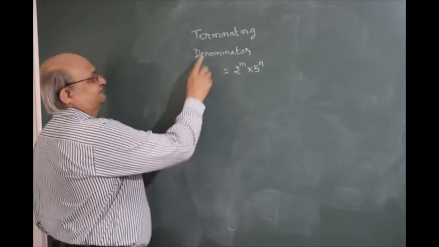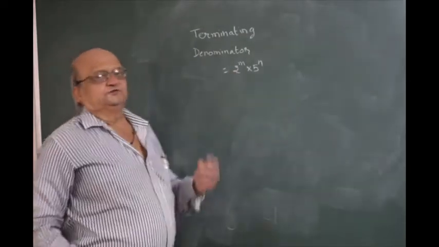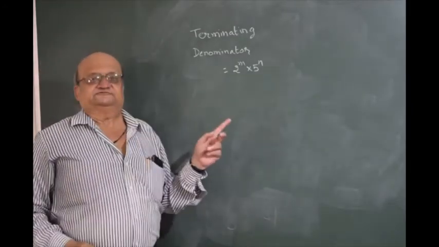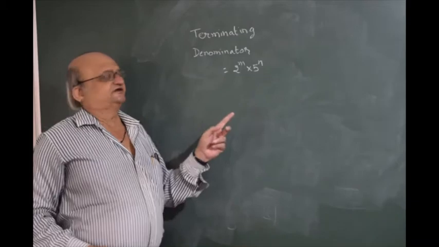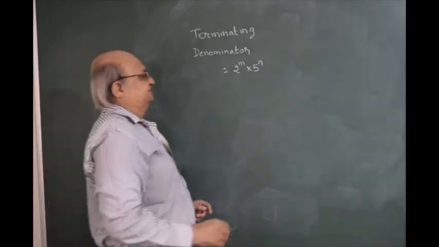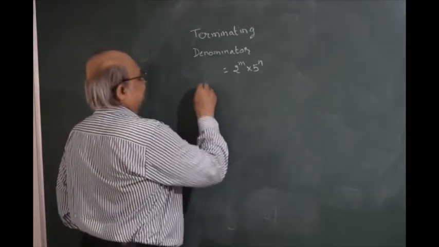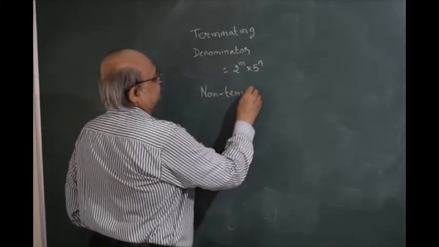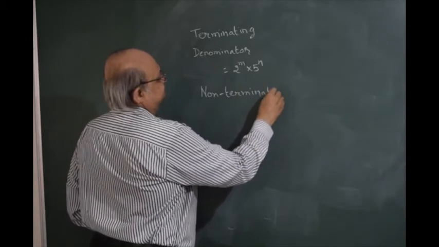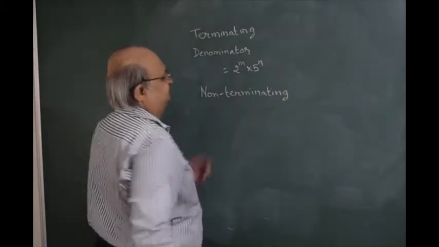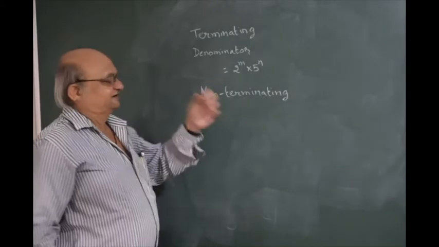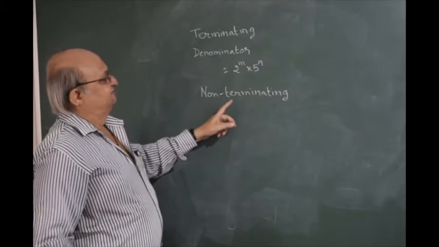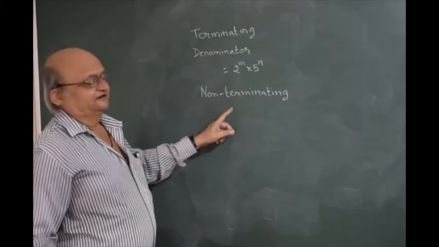So remember, whenever the denominator has only 2 and 5 as factors, then it will be a terminating decimal. However, for any number to be a non-terminating decimal, any number in the factor which is other than 2 and 5, and the fraction will be a non-terminating decimal.